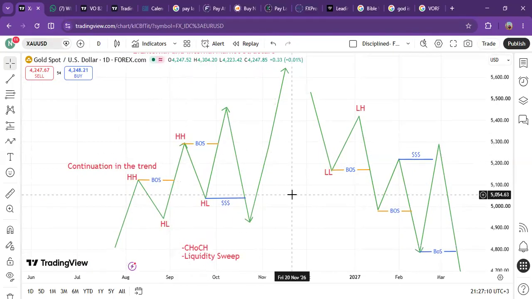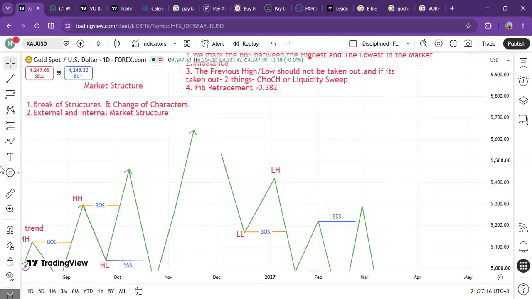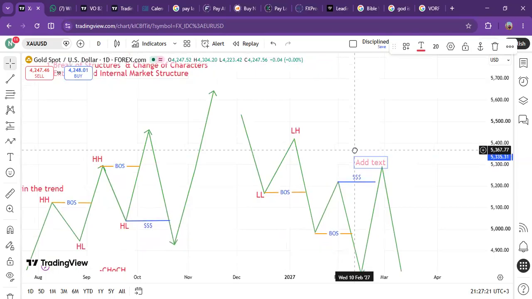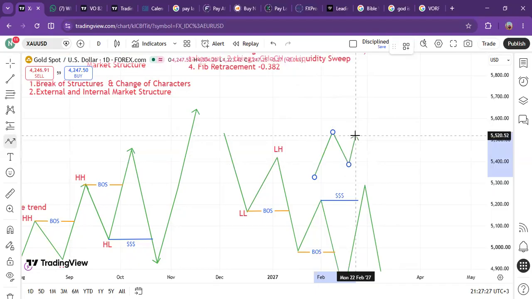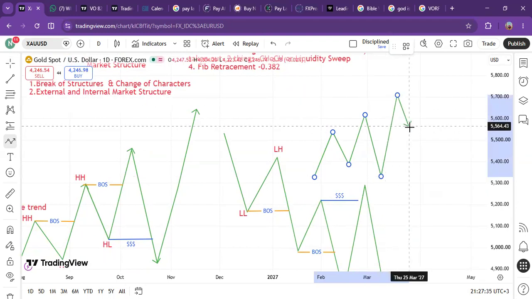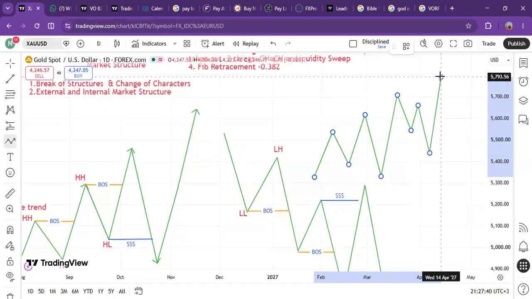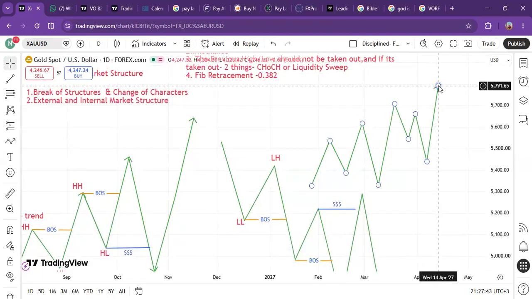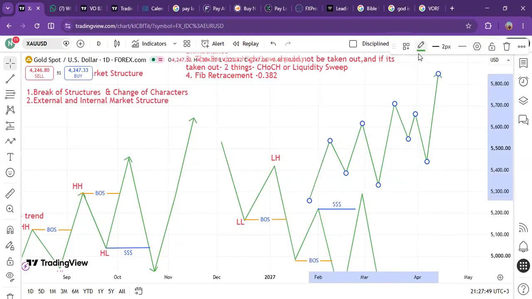Remember, I said that there is a very huge difference between a swing high, a swing low, and higher high, higher low, or a lower high, lower low. So let's say when you are on an uptrend, if I'm to mark the breakout structures here, where do I mark them?